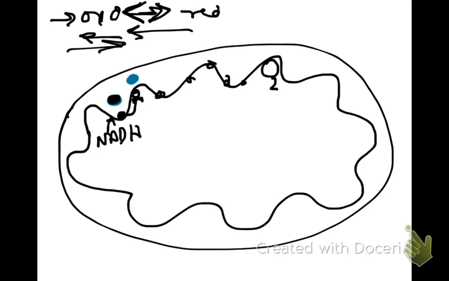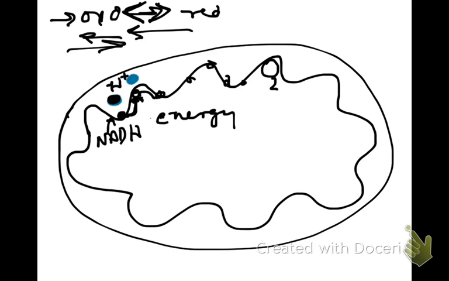Okay, every time one electron carrier passes the electrons from itself to the next, there is a small amount of energy. Okay, and with that energy, what they do is they are able to throw out a proton.